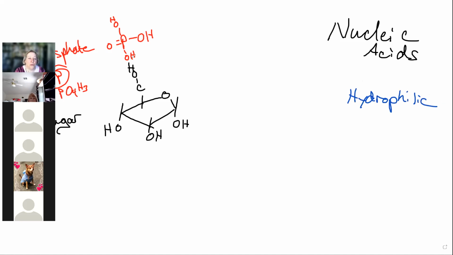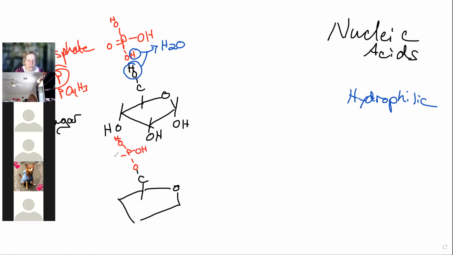So through a dehydration reaction, I'm going to remove a hydrogen and an OH group to remove the equivalent of water, and I'm going to hook that on there, so that I get something that looks like, let's change colors, like that.